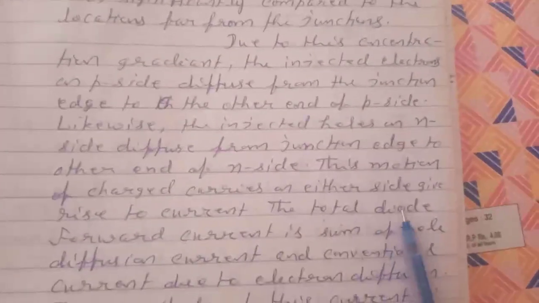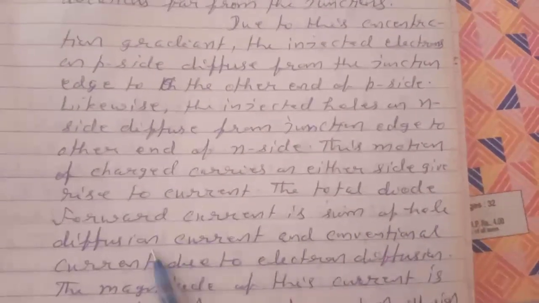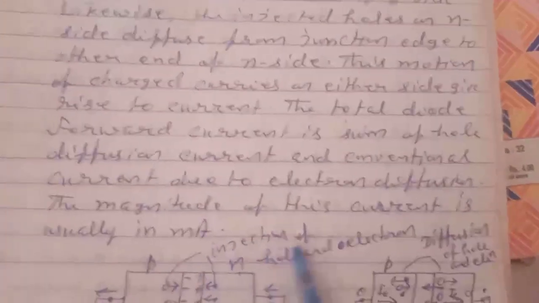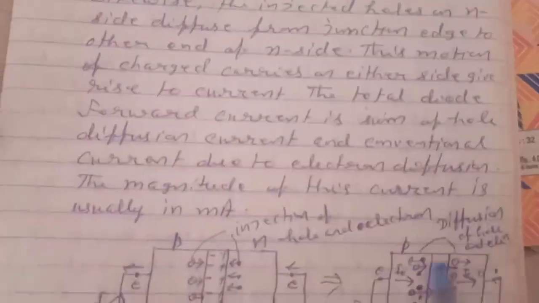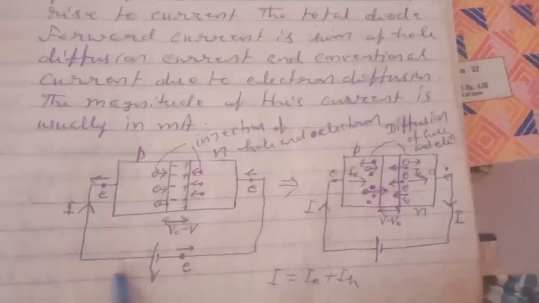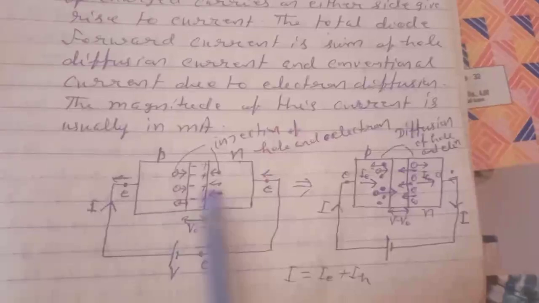The total diode forward current is the sum of the hole diffusion current and the conventional current due to the electron diffusion. The magnitude of this current is usually in milliampere. Here it is shown the situation, this is the P type and N type.